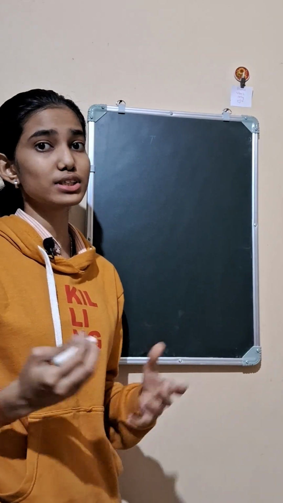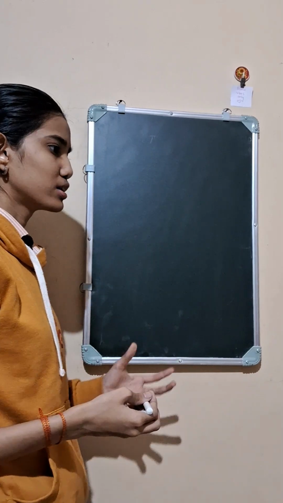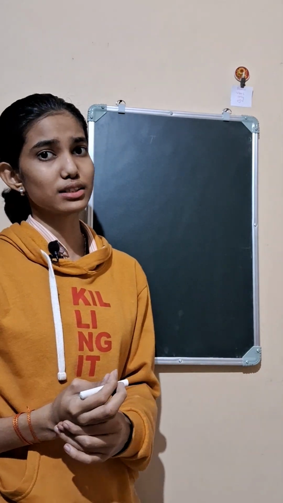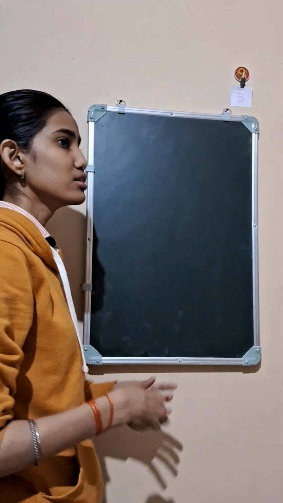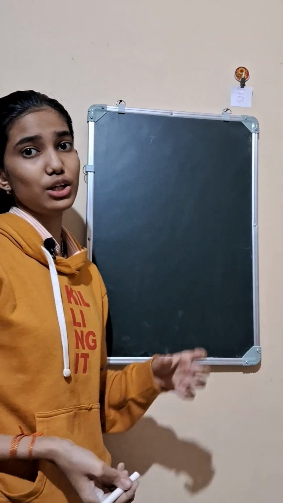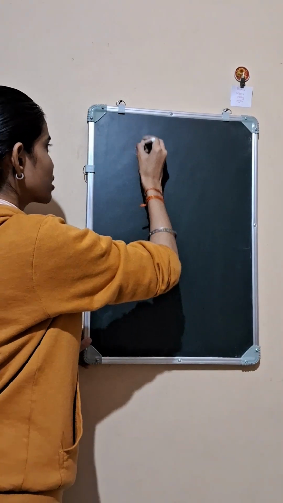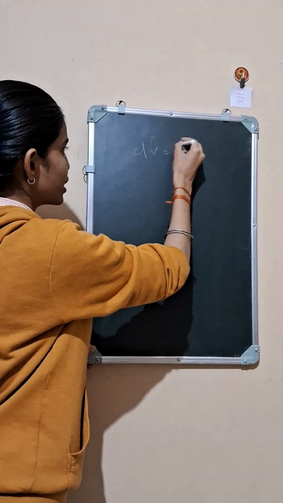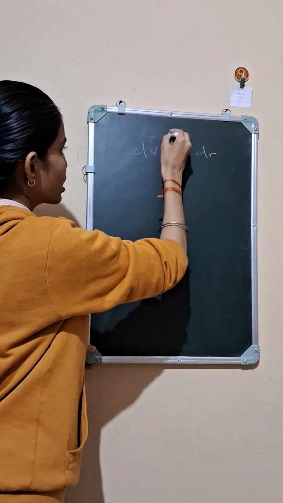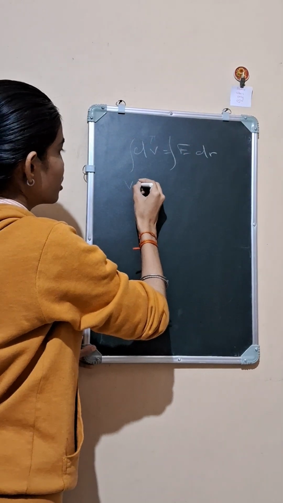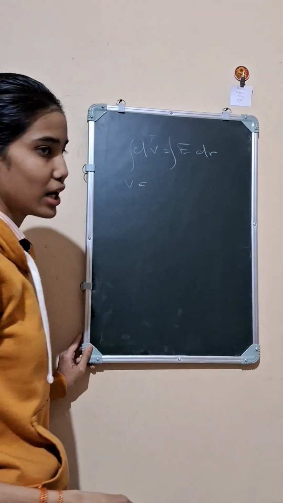You know that for a conservative field, the negative gradient of potential is the field, and for the potential you have to integrate the field with dr, meaning dV equals E dr, and after integrating it you will be able to find the potential.